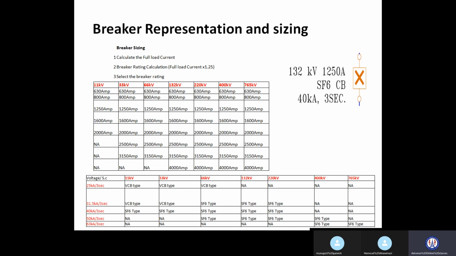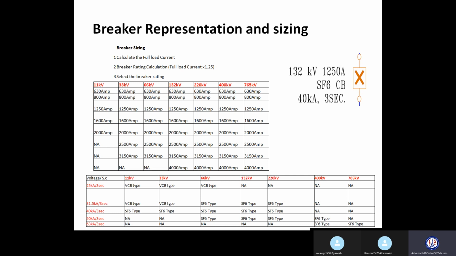We use VCB for feeders whose fault current rating is up to 31.5 kA, where the feeder voltage rating is between 6.6 kV and 33 kV. For medium voltage feeders where the fault current rating is more than 31.5 kA, we use the SF6 circuit breaker.